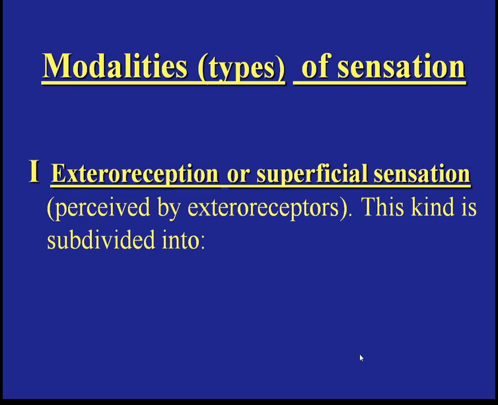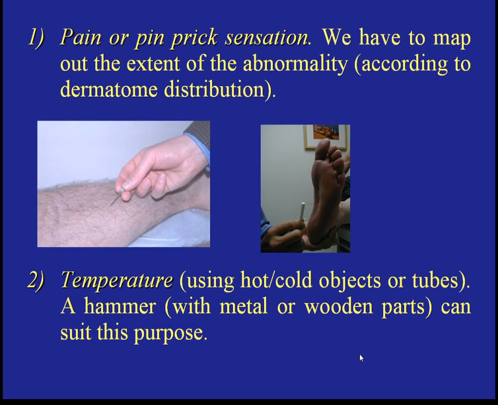So, according to these modalities of receptors, we have similar modalities of sensation or types of sensation. The first one, exteroception, or superficial sensation, perceived by exteroreceptors. This kind is subdivided into pain or pin-prick sensation.